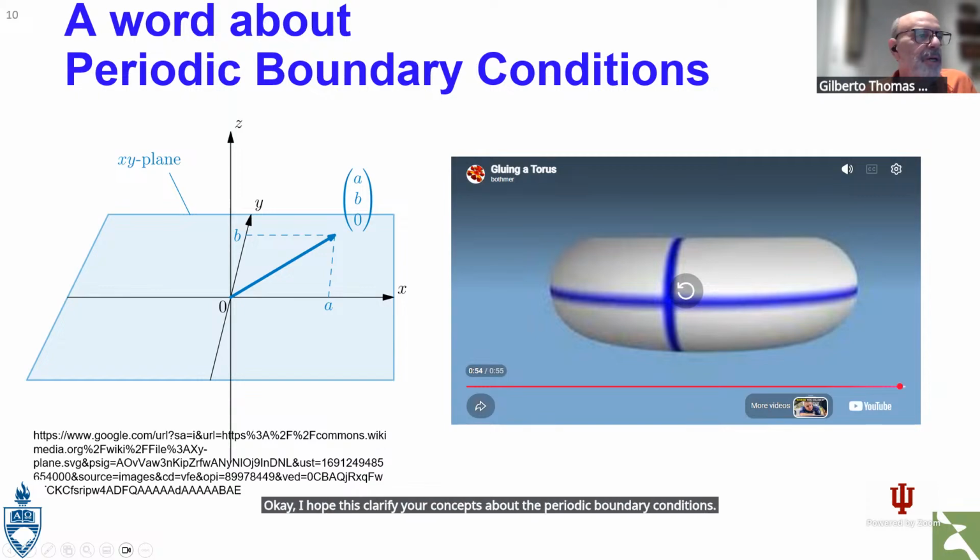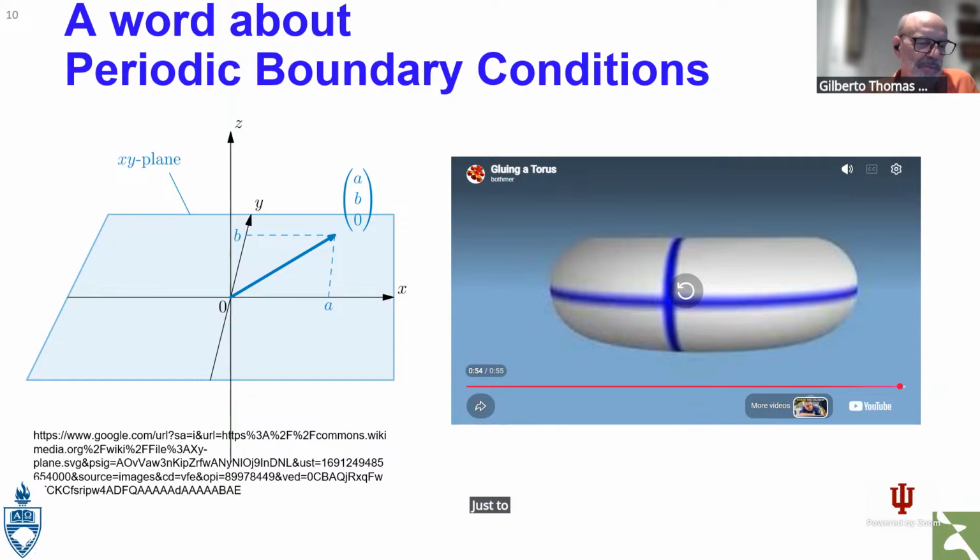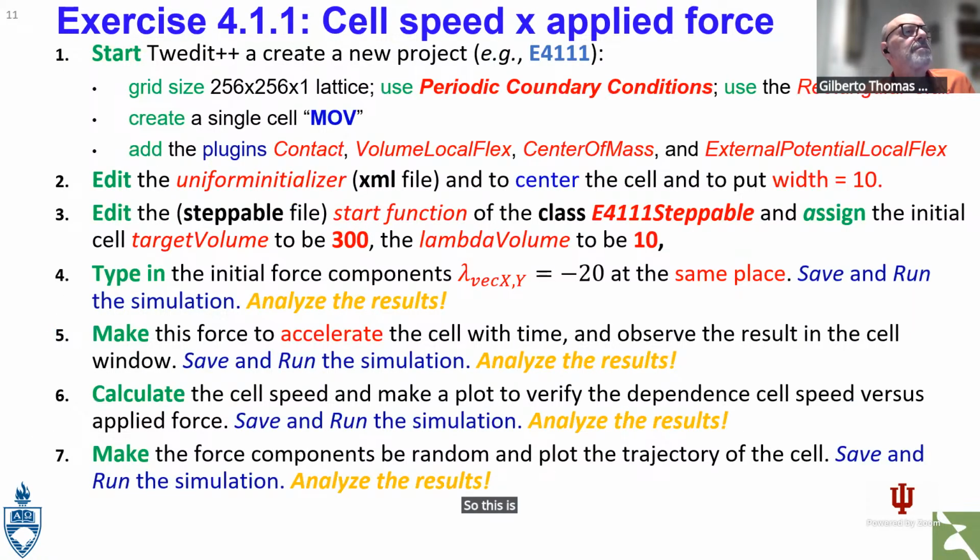Just because we are going to deal with periodic boundary conditions a lot in this next example. Let's analyze the example exercise 4111. Then you can open it in to edit.